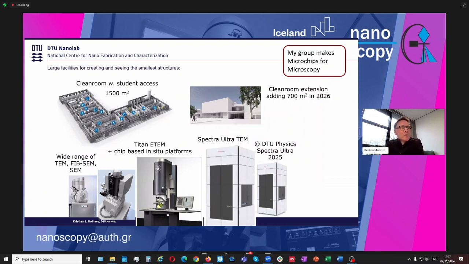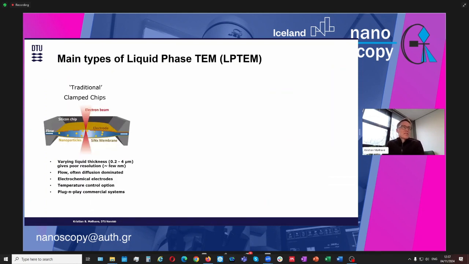Now, if we want to make chips for liquids, one thing we can do is, of course, take two chips with ultra-thin membranes and just squeeze them together. This is what people typically have been doing, and you can buy chips from different companies and holders to put into the TEMs.